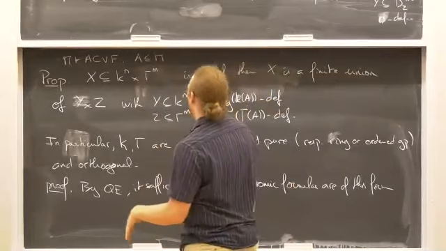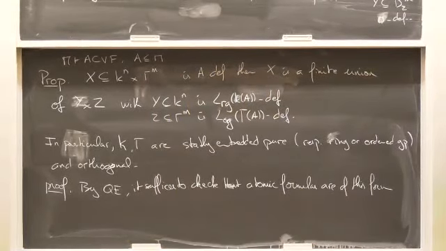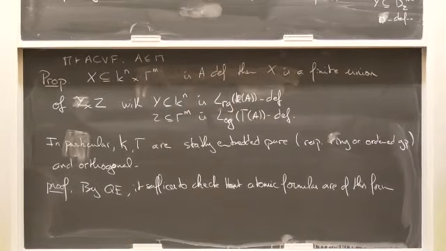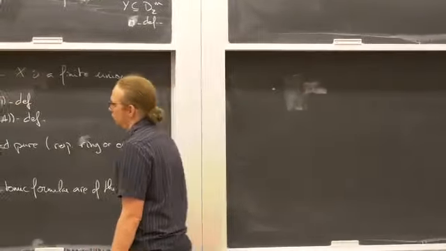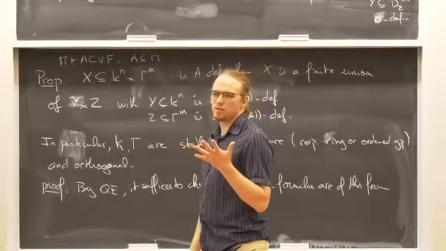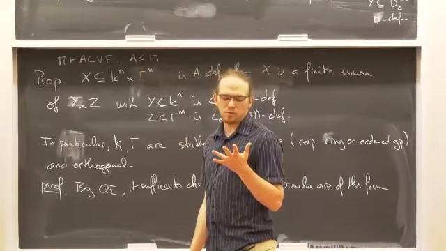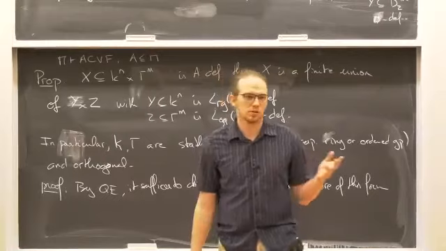I erased my language. But essentially, what formulas can we have? We have V of P. So what's an atomic formula? Essentially, the only thing you can use to define atomic formulas is equality on the field, equality on the value group, and equality on the residue field.